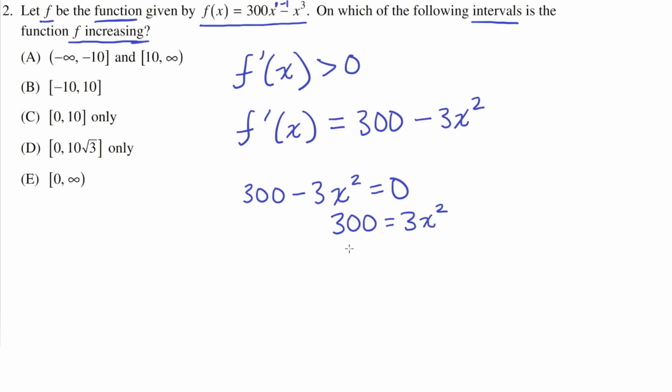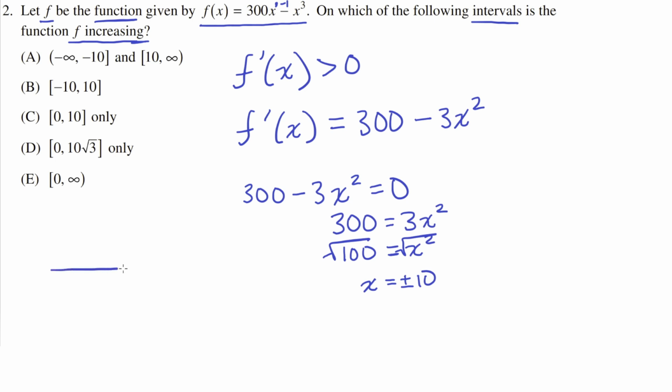Then we can divide both sides by 3 to get 100 equals x squared. If we take the square root of both sides, we get x equals plus or minus 10. So our critical points happen when x equals 10 and x equals negative 10.